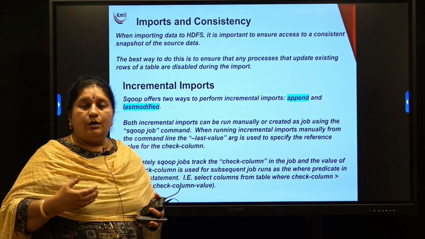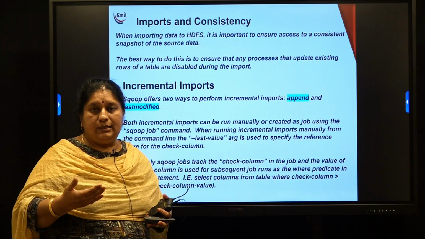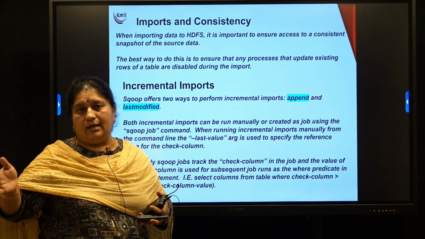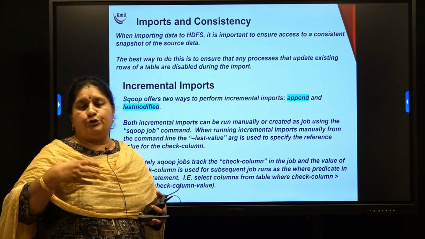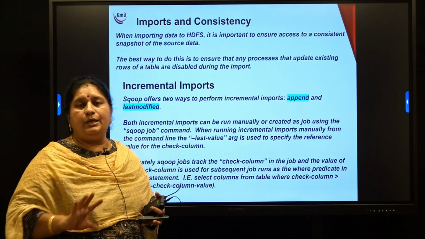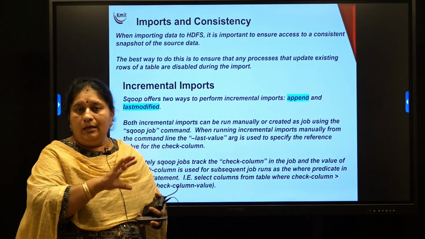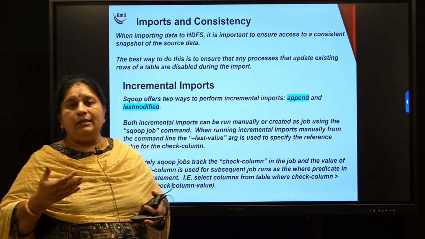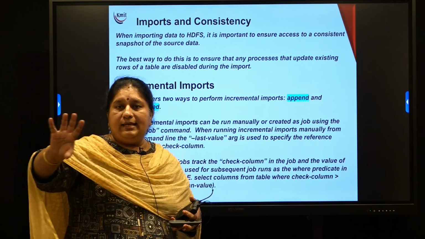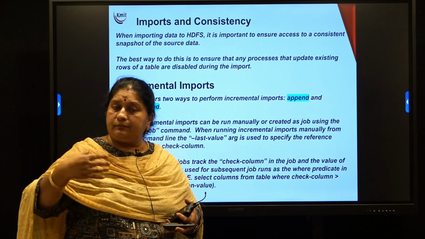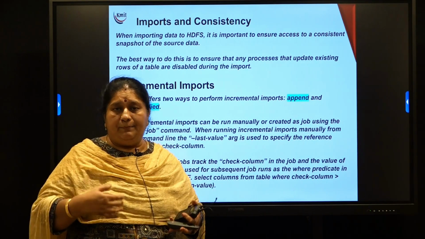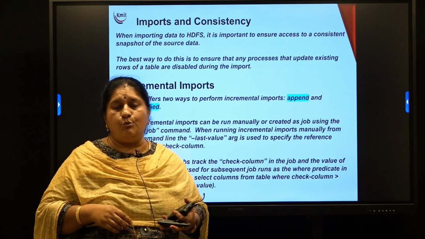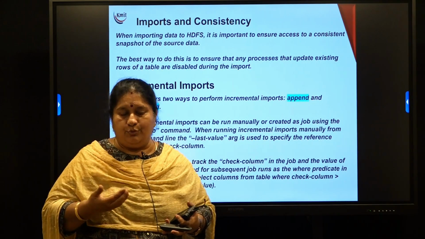So whenever you go for the append method, whatever new records are there after 100 should be brought and appended to the text file which we already have in HDFS. This method of updating the file with the extended data in the table using the last value of a primary key is called the append mode of incremental import.